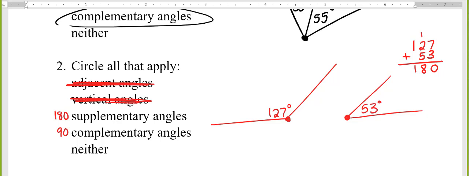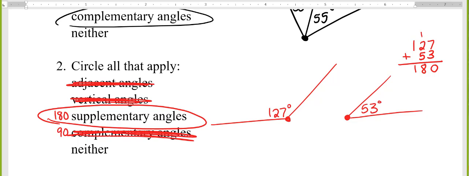So what do those two angles add up to? 180. So that means that those two angles are supplementary angles. Can they be both supplementary and complementary at the same time? No. So there's your answer for number 2.